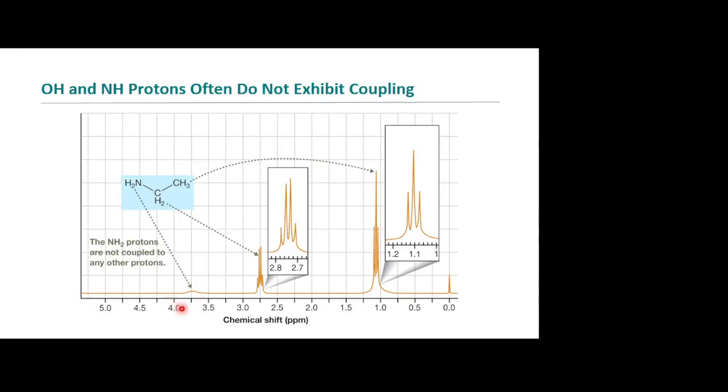And the reason it looks like this giant smear is because when you look at an OH or NH, those are way more acidic. And so they actually rapidly are going to do proton exchanges and move on and off. So they're literally like coming partially off, coming back on, and they're doing that pretty rapidly.